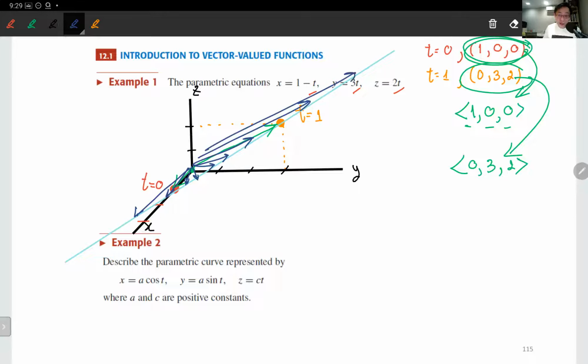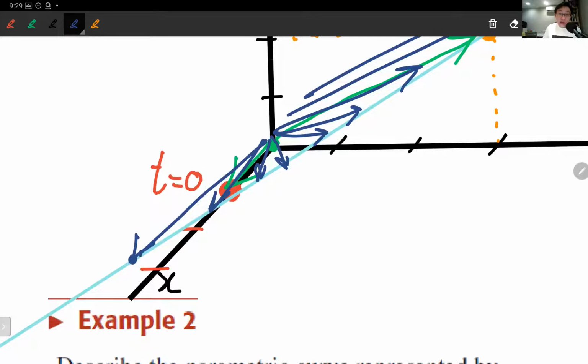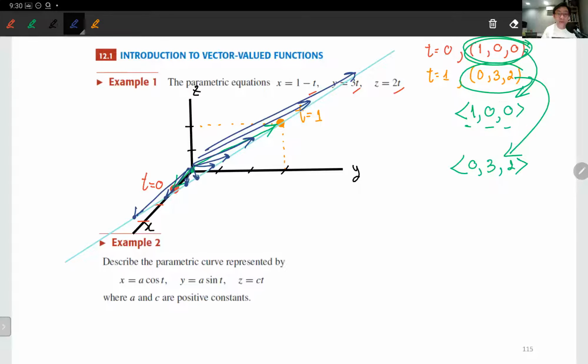With me? So wherever the terminal point of that vector is, that is the point on the line that I want. Once I keep doing this, all I need to do is re-represent everything in terms of vectors.